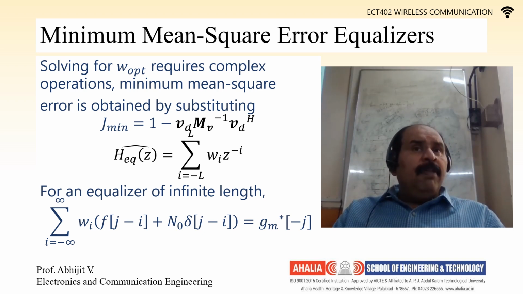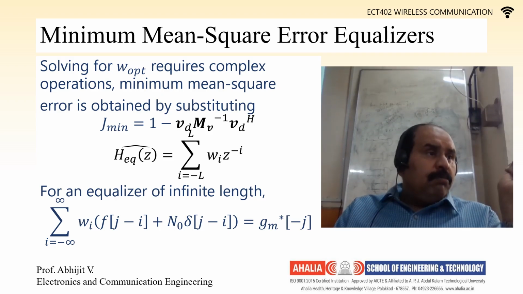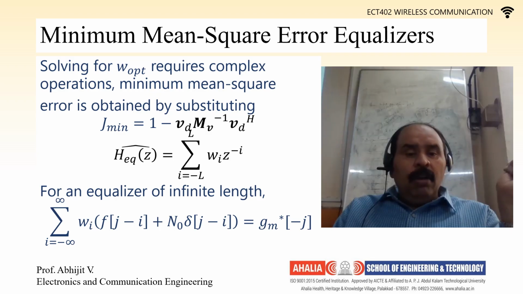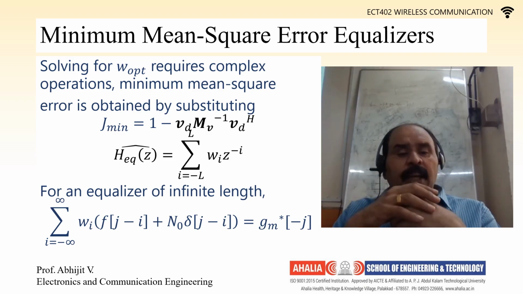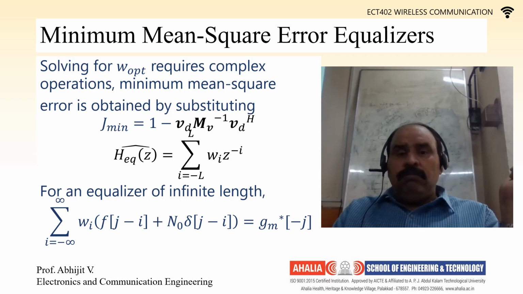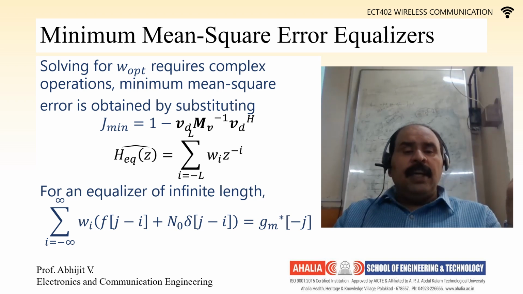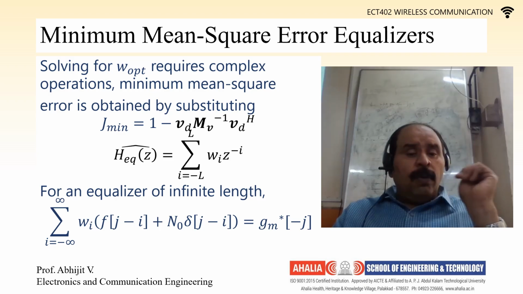From that, we already know that the equalizer function Heq is the sum of Wi Zi^-i from minus L to L. So here for Wi we are substituting this value. Let us consider an equalizer with infinite length, that is, we are going from minus infinity to infinity here, and we are finding the sum of Wi Zi. So we are substituting for the equalizer Heq of Z. So what is Wi?